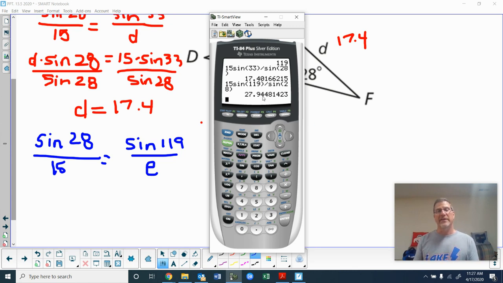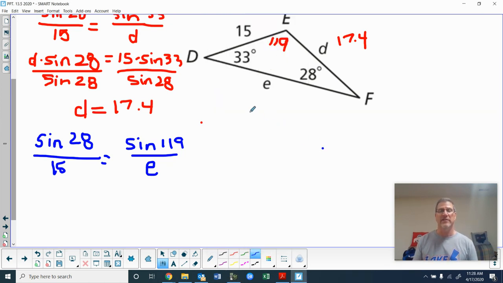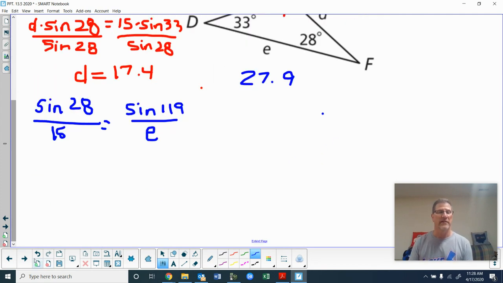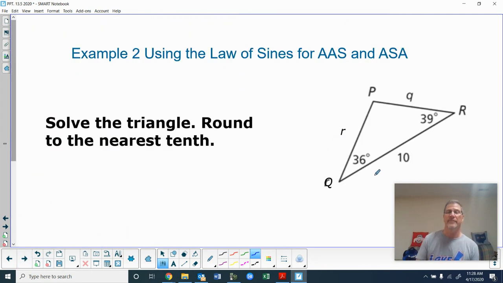Remember, if the number after is a 5 or bigger, then we round up to the next number. You guys should know that. 27.9 is our answer. So now we have solved that triangle. We had 3 answers that we were missing, and we got them. That's the law of sines. Let's do another one.